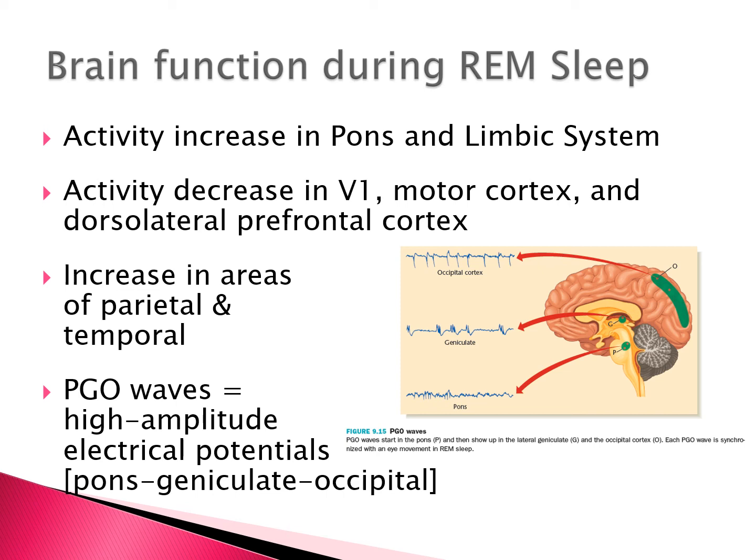And so instead of V1, the visual cortex, being active, we are activating those visual association areas. So we might think the fusiform face area, those areas where we're actually recognizing objects, but also, as you know, REM is when we're dreaming, sometimes we have some amount of hearing something or feeling something with our body, and so we see these other areas are active.